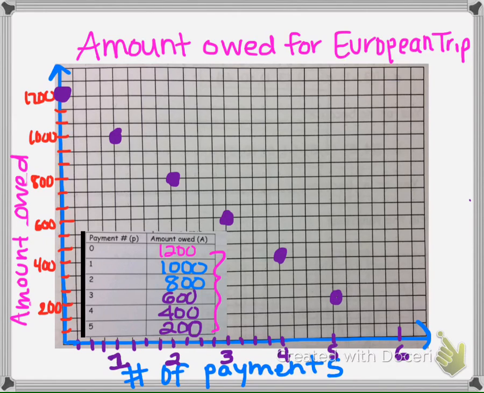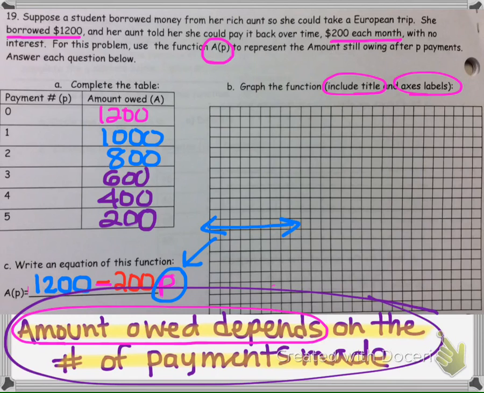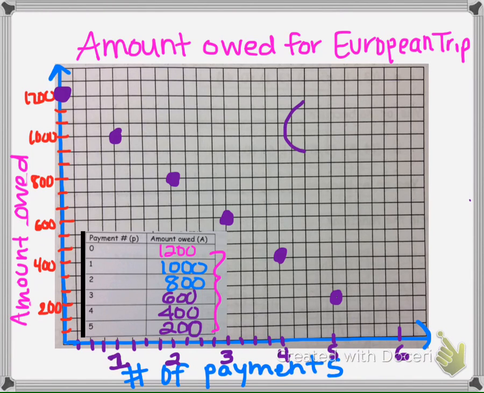So we are not going to connect the points here, because in the problem it says that she makes payments each month. So she's going to just pay $200 at the month. In other words, she's not going to pay her aunt after 1.1 months or in 1.5 months.